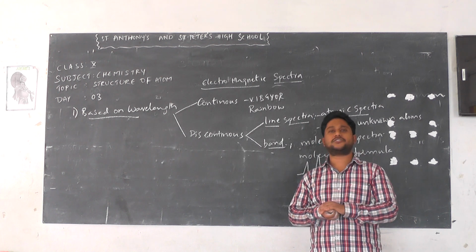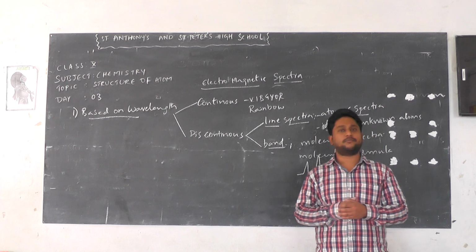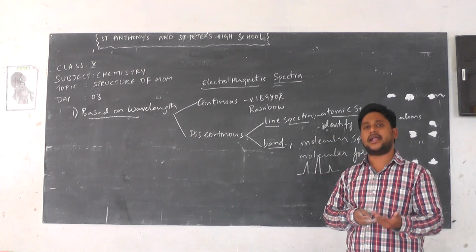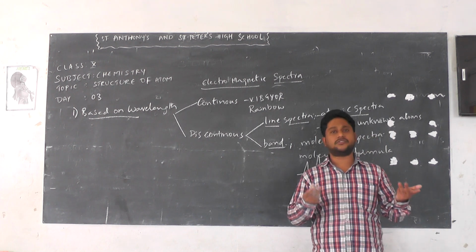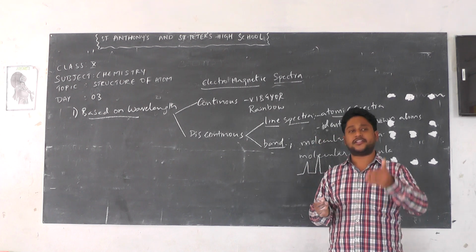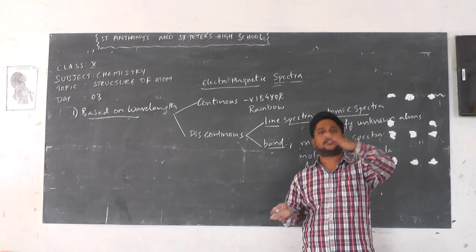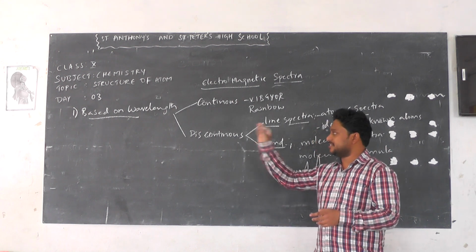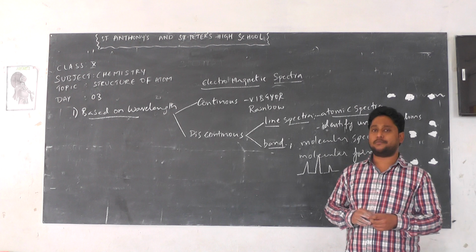Based on wavelength, we have continuous and discontinuous. A continuous example is the rainbow, which has multiple colors at different wavelengths, but there is no gap in the colors. All the colors are merged together. Whereas in discontinuous, we have line spectra and band spectra.